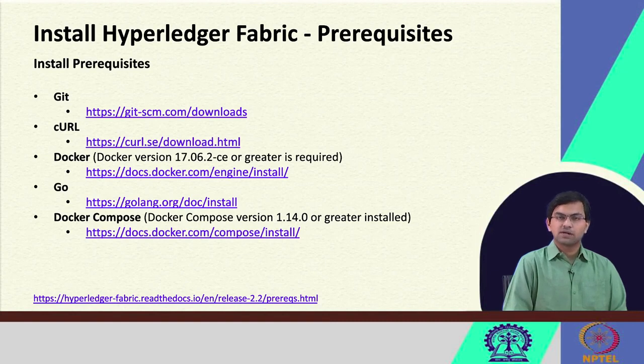Docker is a very specific container technology which is used by Hyperledger Fabric to manage its different components and modules. Docker uses an encapsulation technique called containers, and Fabric uses Docker to separate out all the different processes which are being run by different organizations.